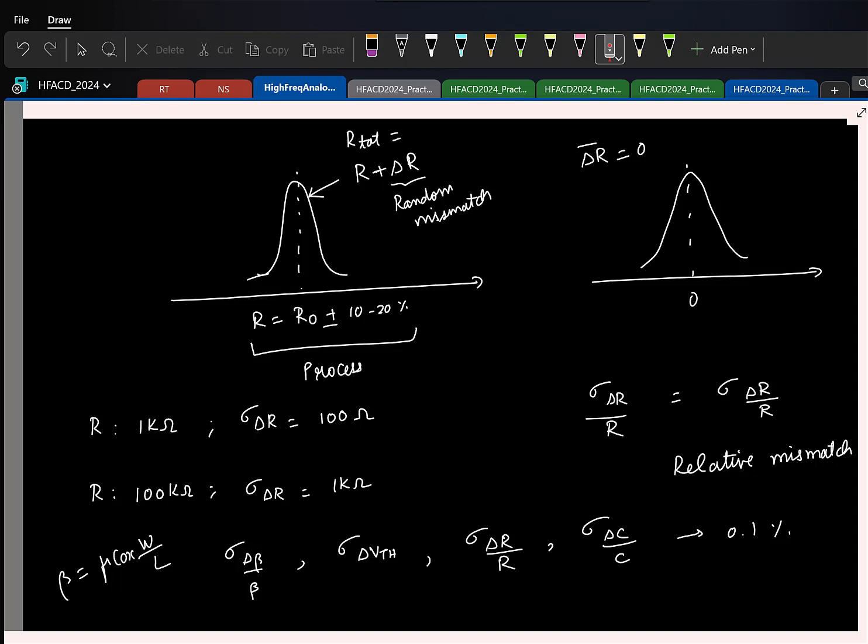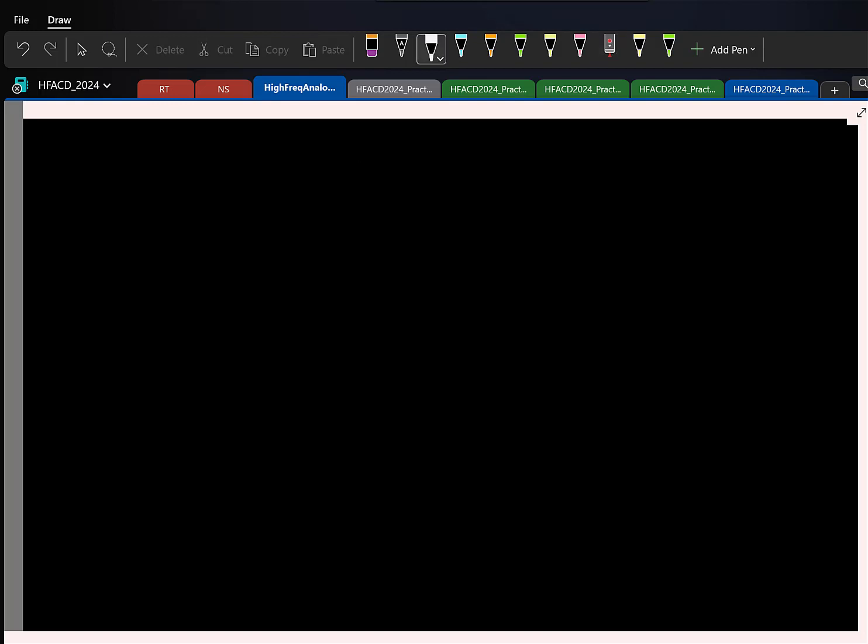Now if I look at all these quantities, let us say sigma of delta R by R, sigma of delta C by C, sigma of delta beta by beta, and sigma of delta VTH, all of these turn out to be inversely proportional to the square root of area. So this is some proportionality constant divided by square root of area. This will be some proportionality constant by square root of area.